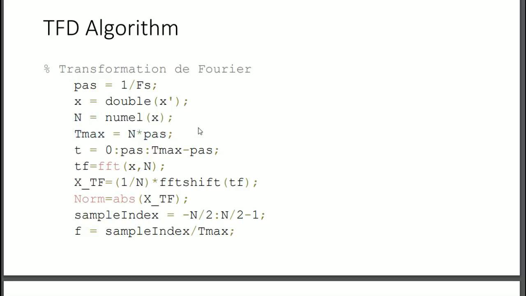So I get the duration of the signal. Also, I didn't mention, but Fs is the frequency, it's given. T is a vector that goes from 0 to Tmax minus the step, with a step equal to the step. So it's a discretization of our system.